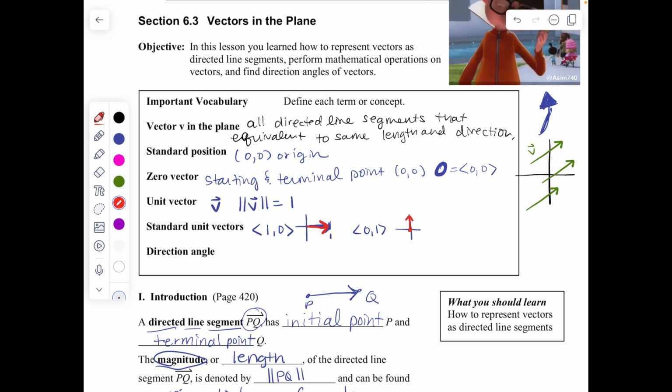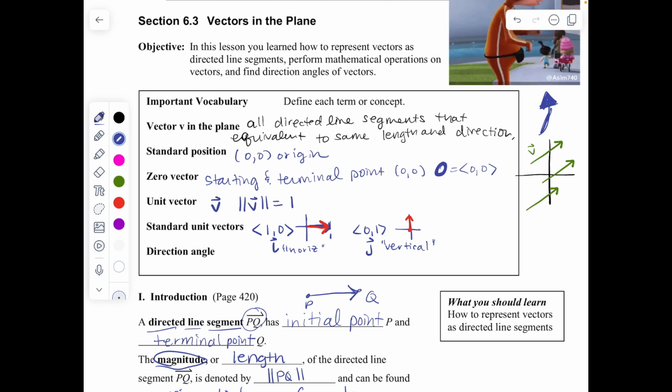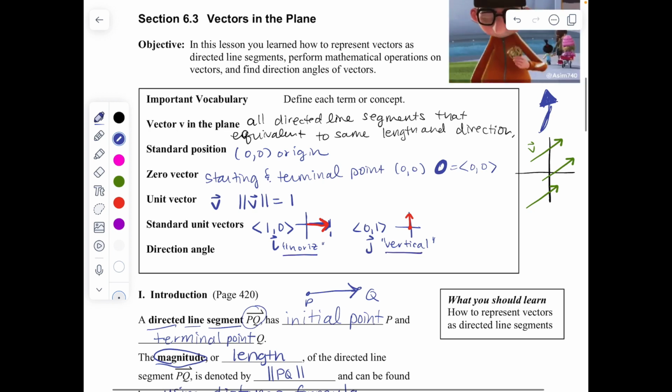Those are those two standard unit vectors. So we call this first one vector i, really bold, and we call this one j. So this is like the horizontal vector component, and this is the vertical. And this is so we can break up any vector into just terms of a horizontal component and a vertical component.